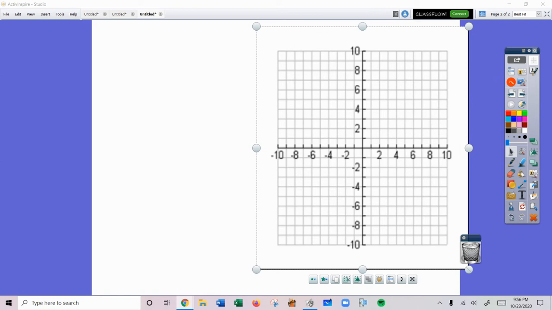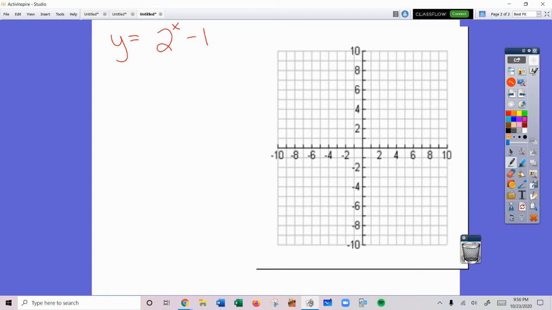Okay, so let's say we want to graph y equals 2 to the x minus 1. The first thing that we are going to learn here is that this number that's being added or subtracted on the end, this piece right here, is our asymptote. Okay, so this right here is our asymptote.